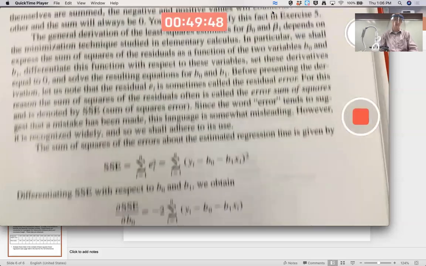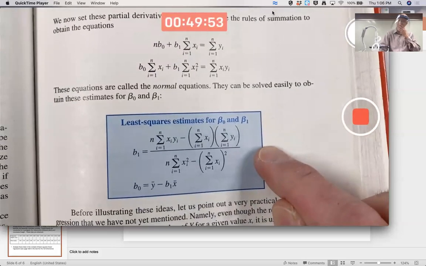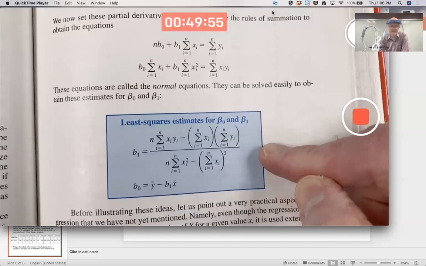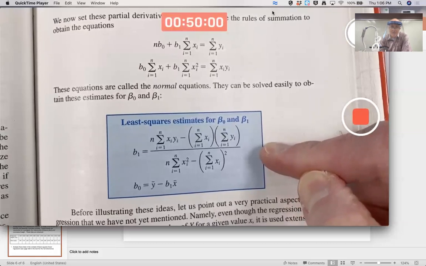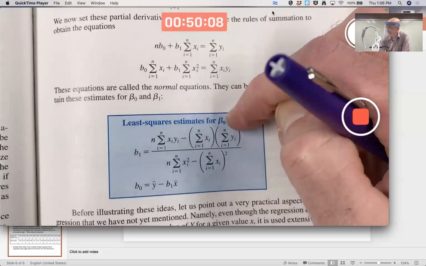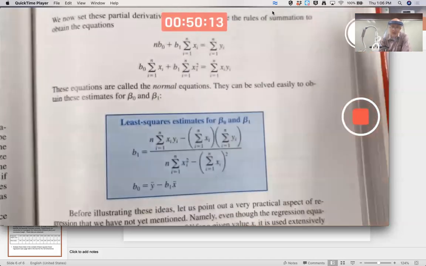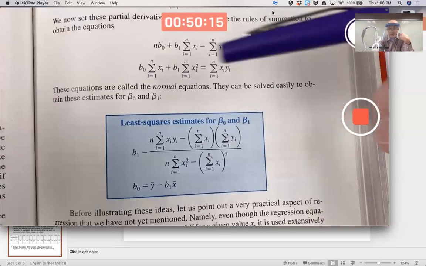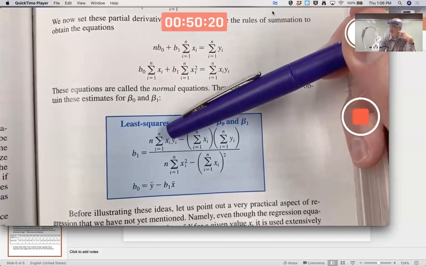They're on page 383. Right there. So B1 is the slope. Figure that out first. If you're going to use this formula, what do you have to do then? You're going to need to figure out the sum of the x values, sum of the y values, the sum of the products xi times yi, each one of those products, x1 times y1 plus x2 times y2 plus x3 times y3.